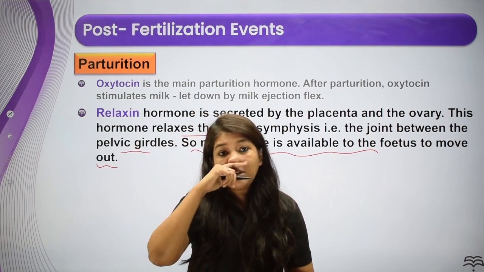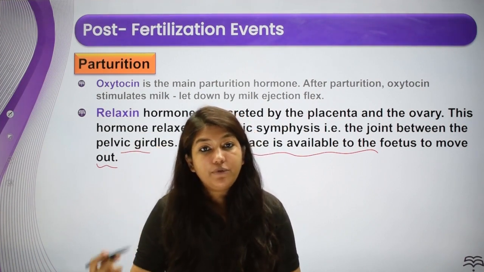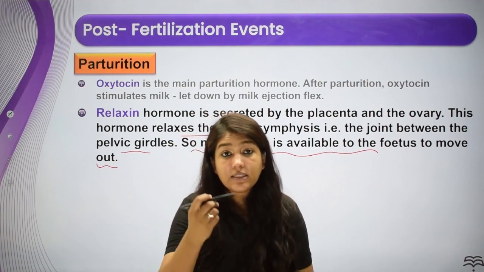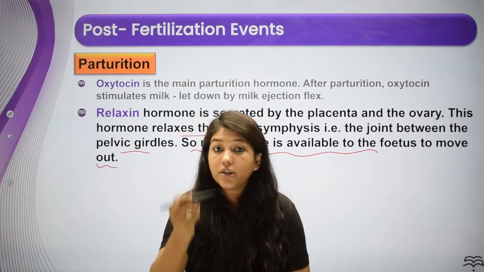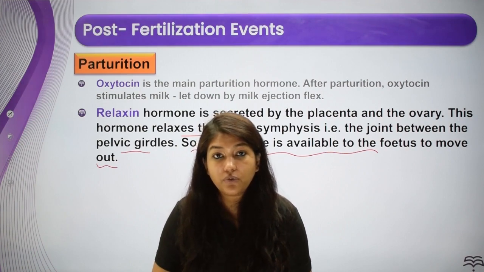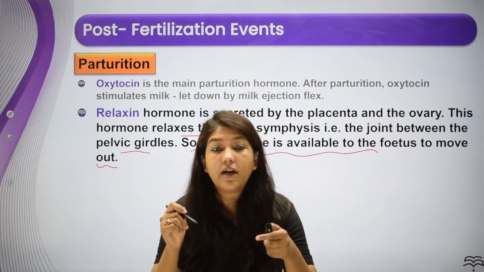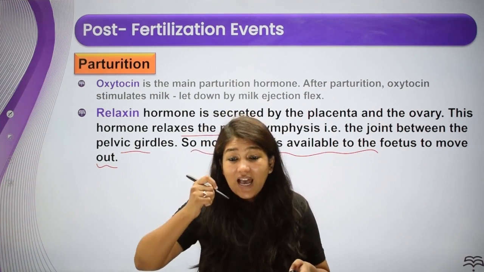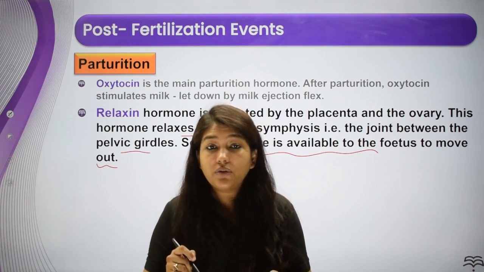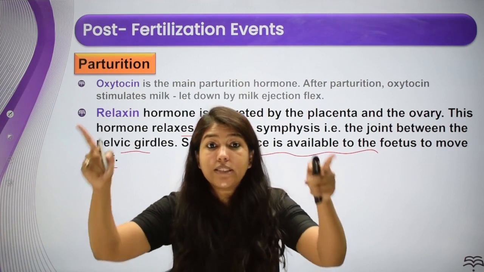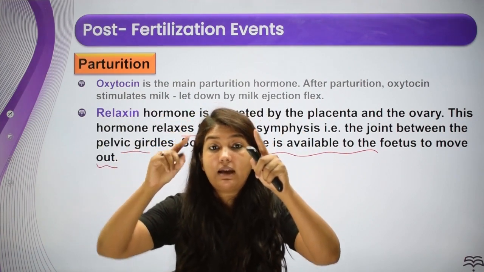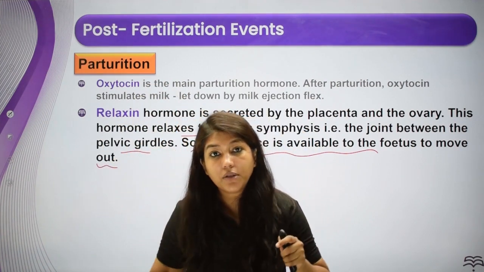तो कैसा होता है? The fully developed fetus and the placenta is going to send a signal. Because of this, the oxytocin will be secreted from the pituitary gland. Oxytocin क्या करेगा? वो uterine muscles में contraction initiate करवाएगा. As the contraction starts in the uterine muscles, it is going to send a positive signal to the pituitary gland that you release more oxytocin.